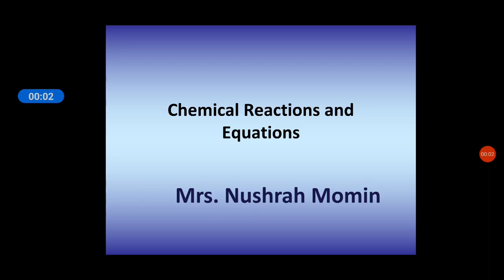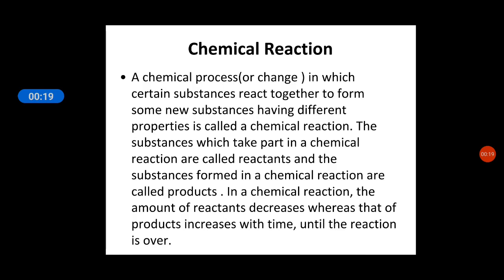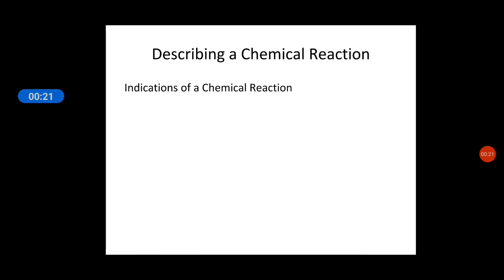Hello students, in my first session we already started with the chemical reaction and equation chapter, chapter number 3 from science. Let's take a recap. We already studied the chemical reaction, then describing a chemical reaction, that means indication of the chemical reaction.